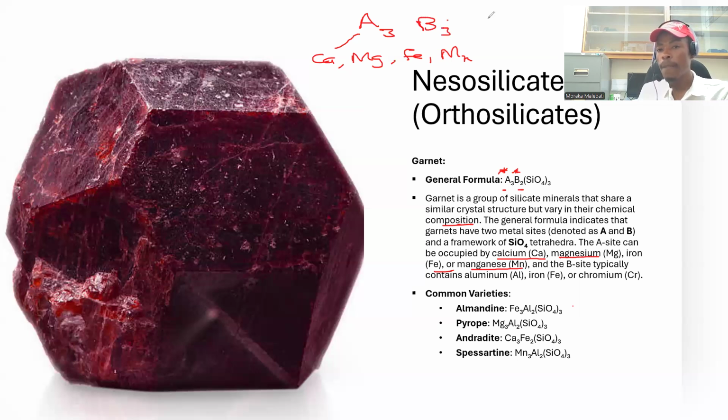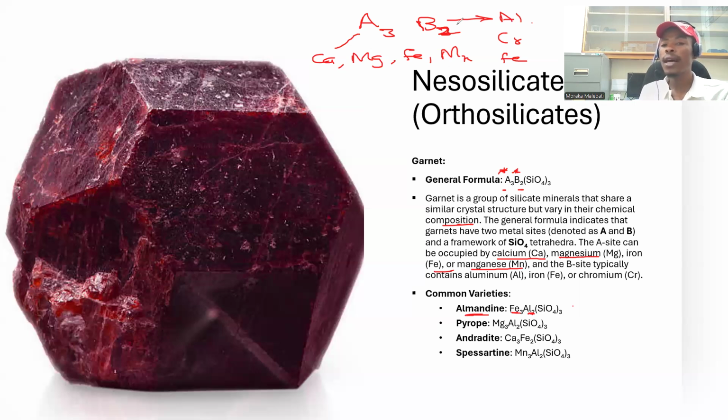Now the B site can be having aluminum, or you can have chromium, or you can have iron. Now if you have iron and aluminum, it's supposed to be two, sorry, not three, it's two. So if you're having aluminum and iron, that's where you form almandine and whatnot.